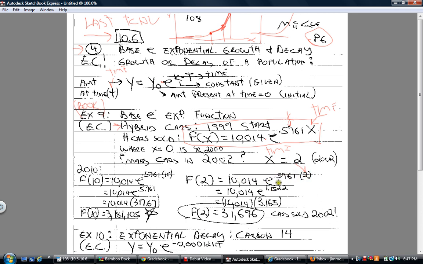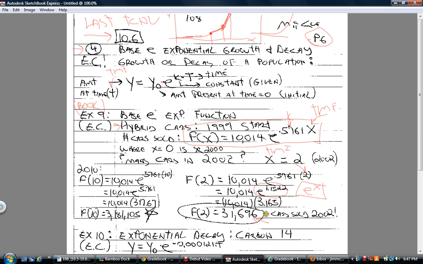Help yourself out a little bit, show a couple lines of work. 0.5761 times 2 is 1.1522. Hit the e to the x button on your calculator, by the way. Put the number in, get that result, and multiply by 10,014. You can see I showed some of the detailed work here. 3.165 is the result of e to the 1.1522. Multiply them out, and bang! Back in 2002, we had 31,696 cars.